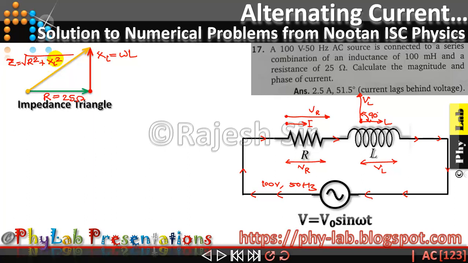In this impedance triangle, this angle represents the phase difference between the current and the voltage. If you are looking for the phase difference, this angle gives us the phase difference between the current and the voltage.